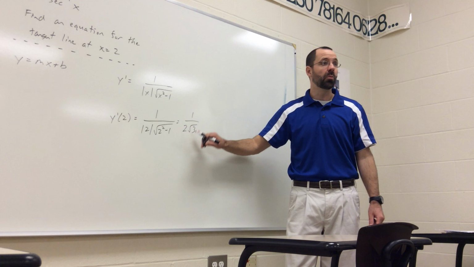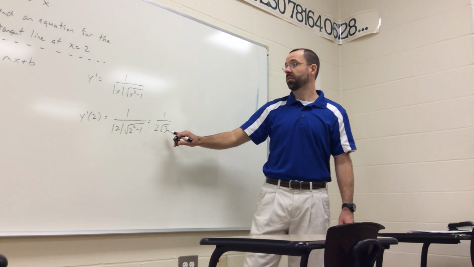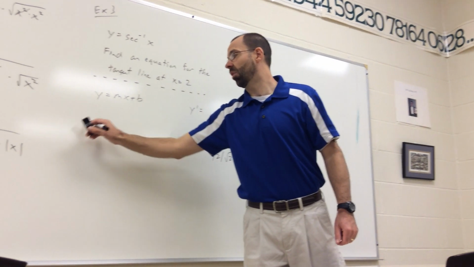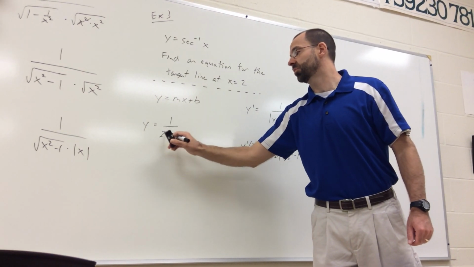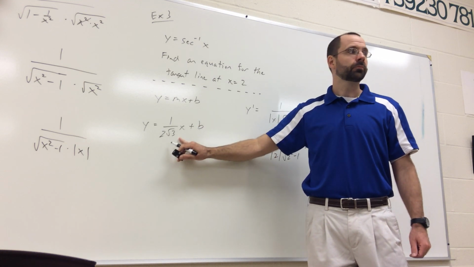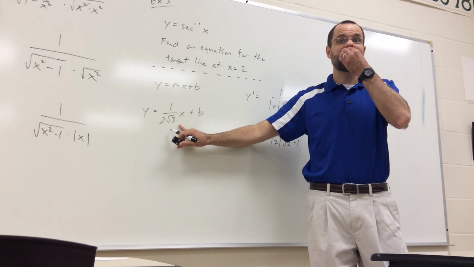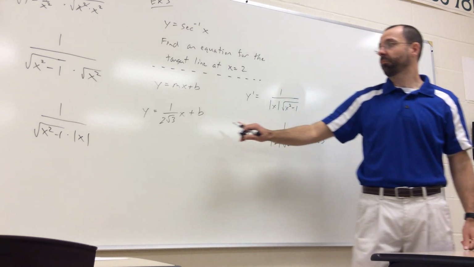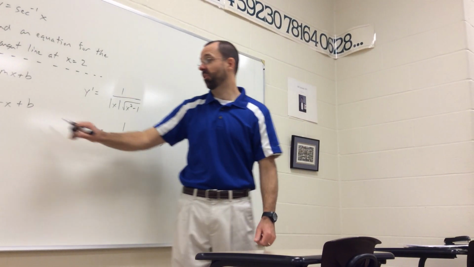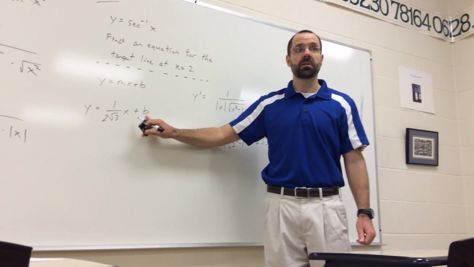So this is the slope that I'm going to use in here for m. So now I've got y equals 1 over 2 square root of 3 x plus b. Okay, so now the last thing I have to do is figure out what the y-intercept is.